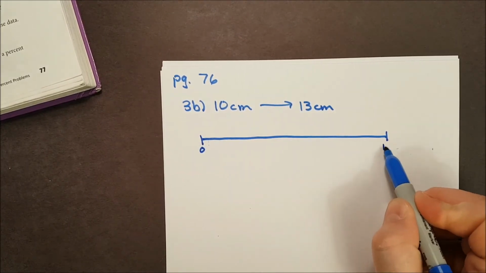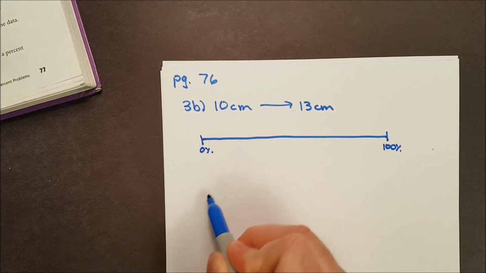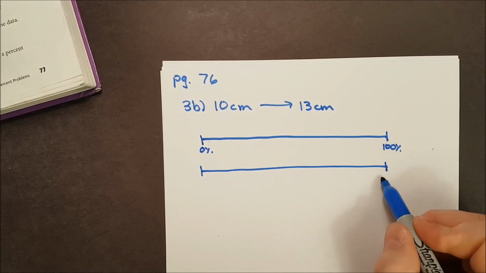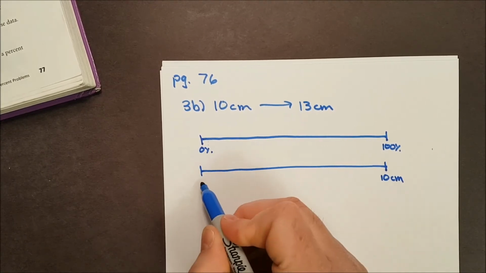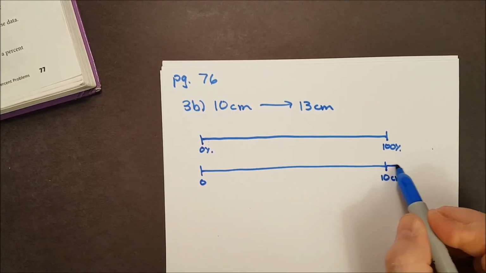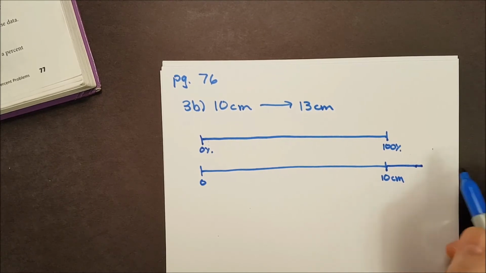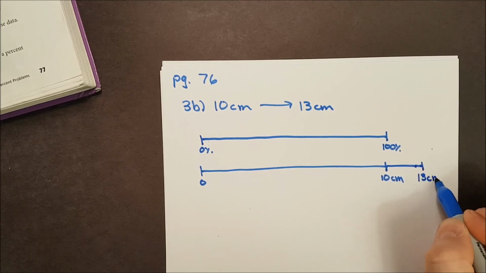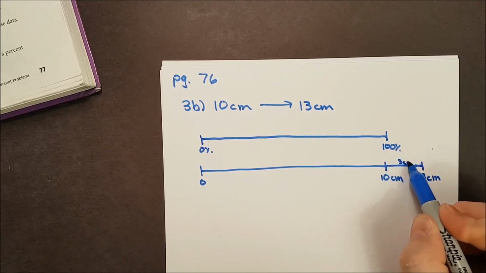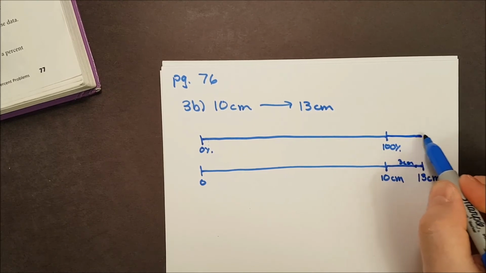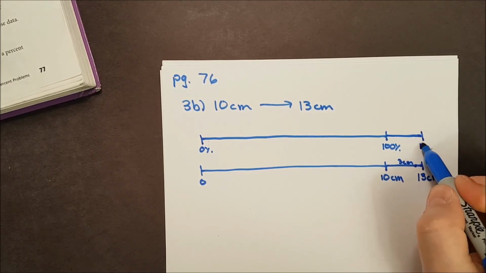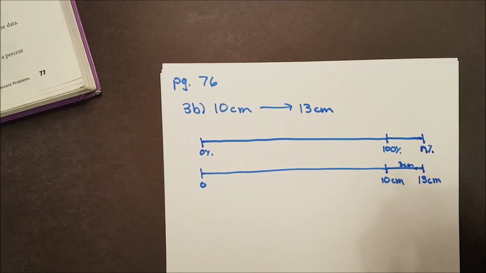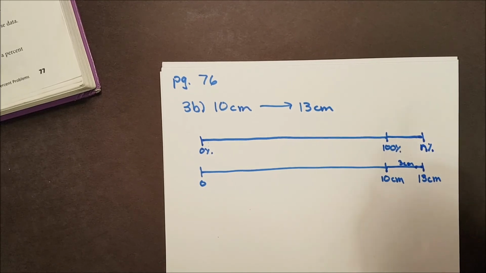So 0 to 100%. And we have here 100% of the elastic's length is 10 centimeters and 0 here. And we're told that it's stretched to 13 centimeters. So an extra 3 centimeters stretched, and we need to find out what is the total percentage beyond its original length.